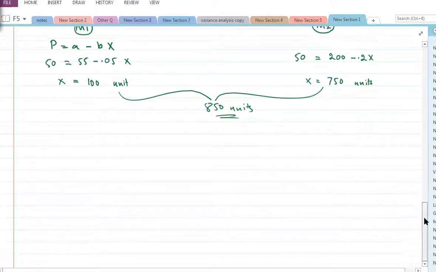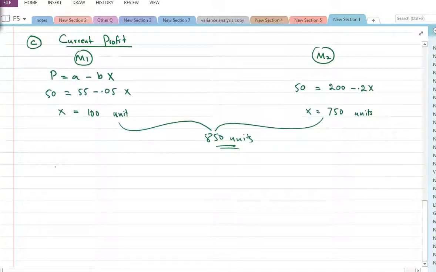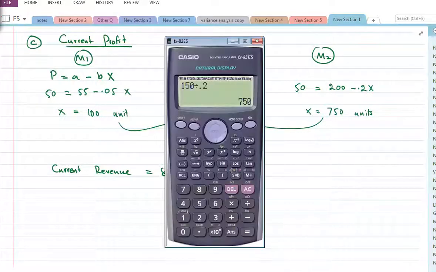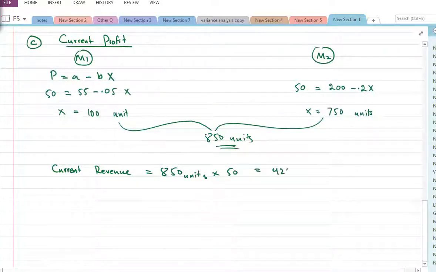Okay, so revenue is units multiplied by the price per unit, which is 50. So the revenue will be 850 multiplied by 50, which is 42,500. This is the total revenue.